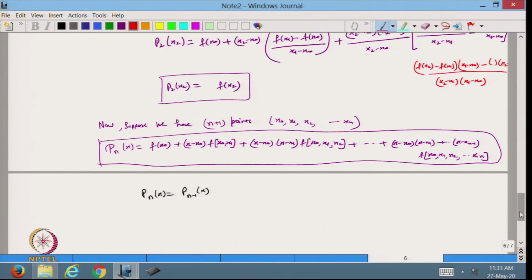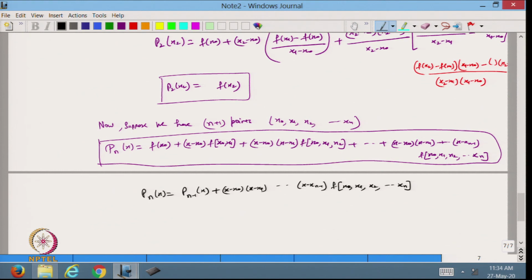So, from here I can write pn x is equal to p n minus 1 x plus the last term, with nodes x0, x1, x2 up to xn.